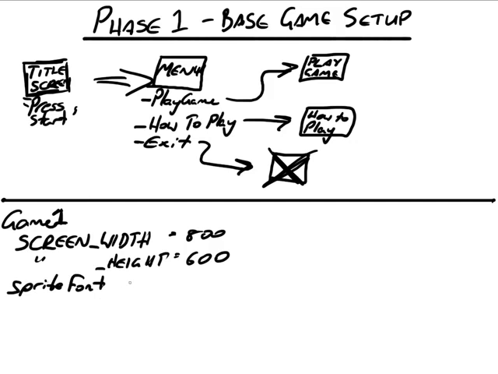It's going to be called font small. We're also going to set up another one, sprite font large, for if we want to use small fonts or big fonts. We've got both our bases covered whenever we need to use either.